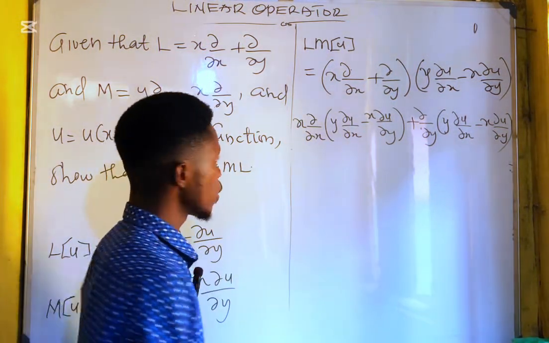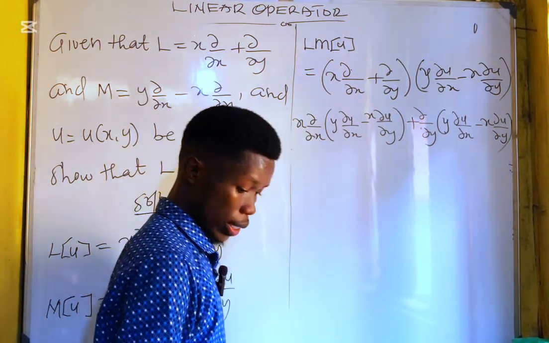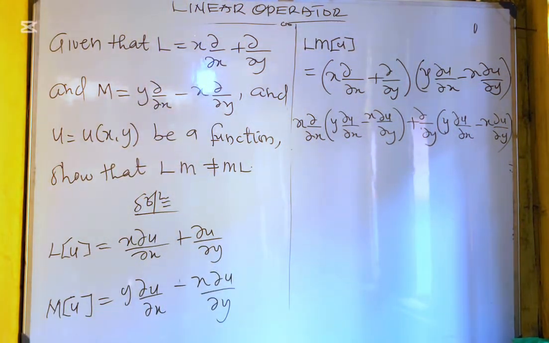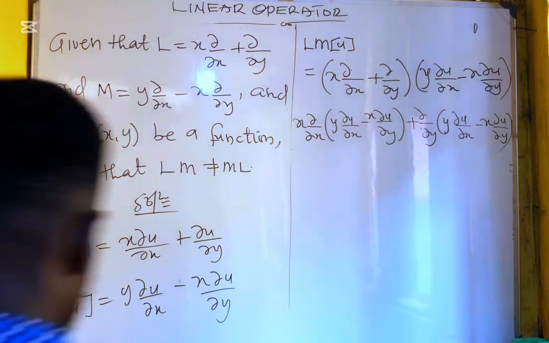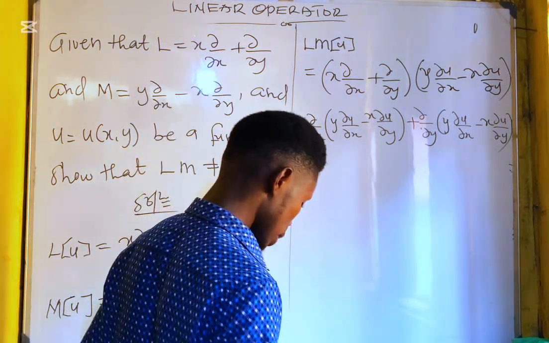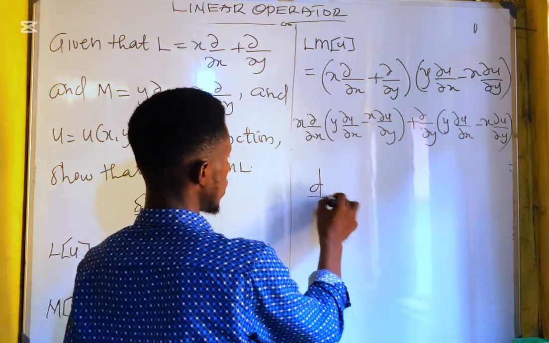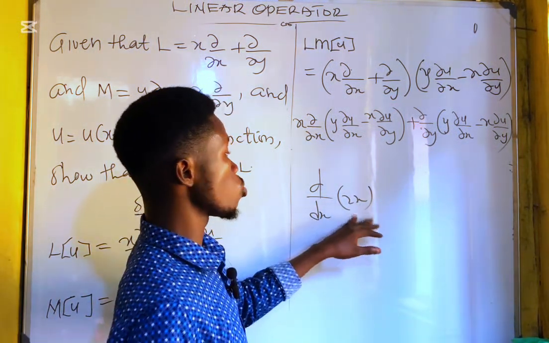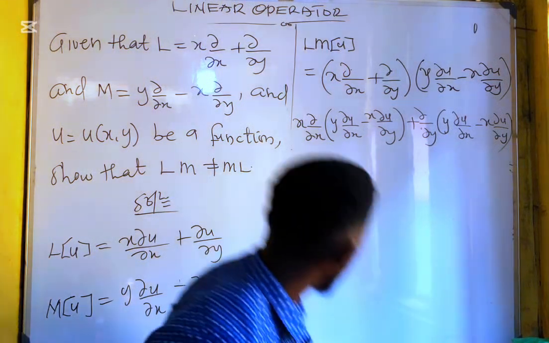Now, you shouldn't be confused with this. It's like this: if I give you d/dx of 2x, what does it mean? It means I'm going to differentiate this 2x with respect to x.